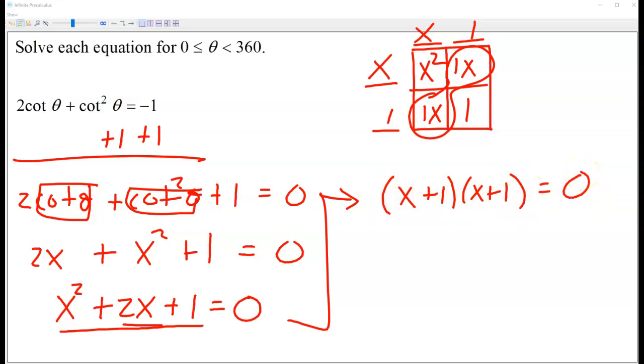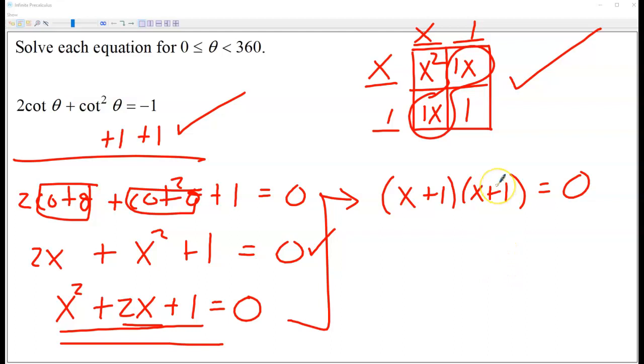Okay? Now at this point, we're done with step 3. So step 1 is to move everything over to one side so it equals 0 and combine your like terms as you go. Step 2 is to replace the trig function with a letter. That just makes it look a lot less intimidating and more friendly looking. Step 3 is to go ahead and factor it. In this case, we use the box method.